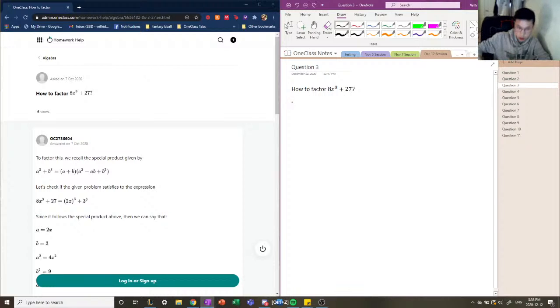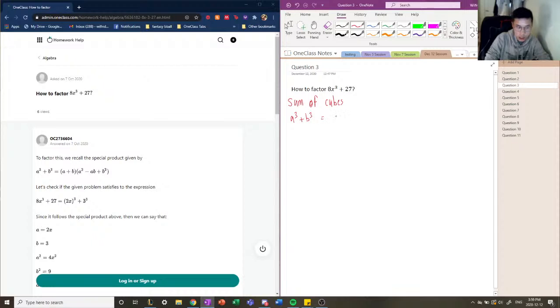Let me just write sum of cubes. Okay, so the first one is a cubed plus b cubed.